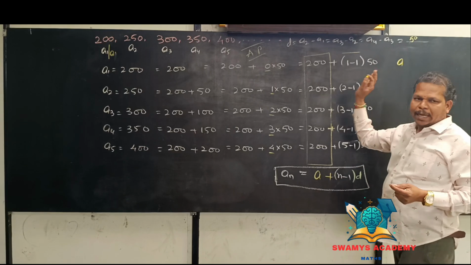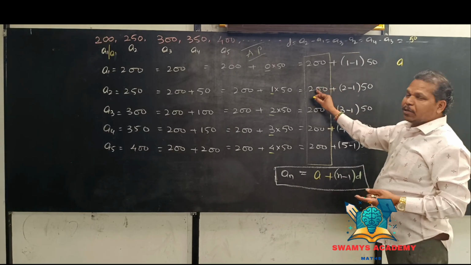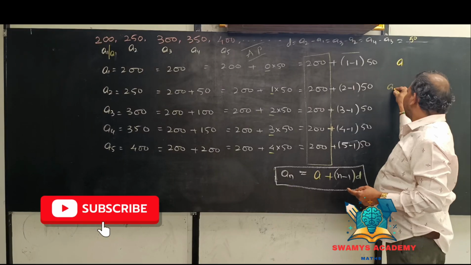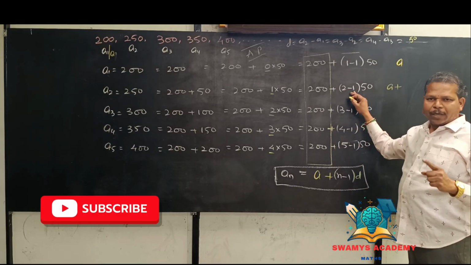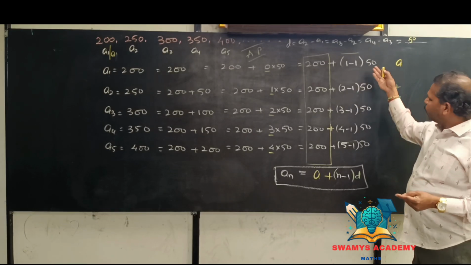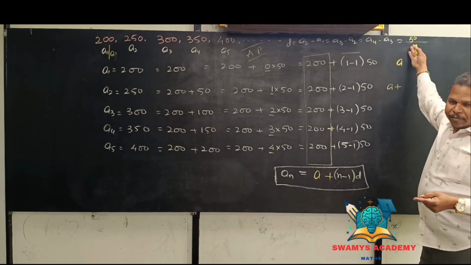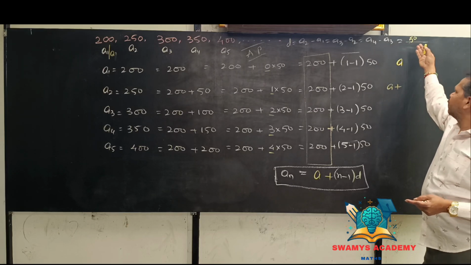So the first term is a. So a1 value is a. Next, the second term: 200 is nothing but a. Next, 2 minus 1, that value will be 1. 1 into 50. So 50, what is that? The common difference of 50. So a2 minus a1, a3 minus a2, a4 minus a3 value is 50.